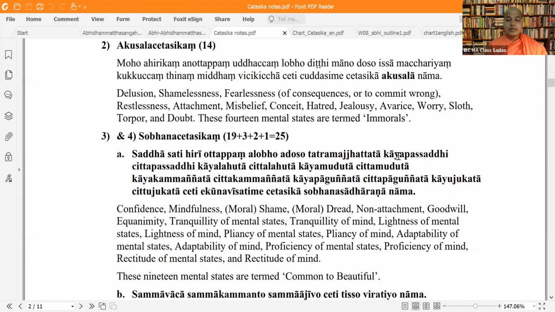In the discussion of this Sanya Vedaita Nirodha Samaphati, that normally comes after these 8 types of jhanas, Rupa jhanas and Arupa jhanas. The 9th one is the Sanya Vedaita Nirodha Samaphati.